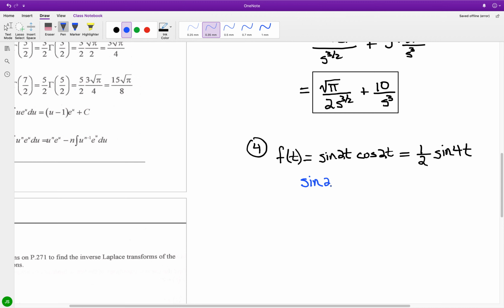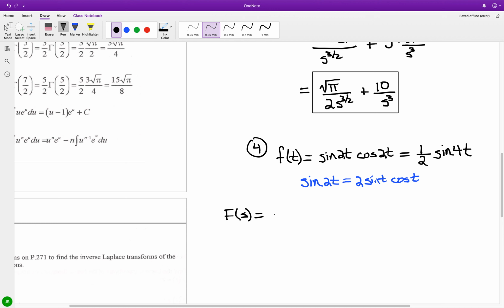Remember, sine of 2t is equal to 2 times sine of t cosine of t. So half the sine of 2t is equal to sine of t cosine of t, but projecting 2t out to 4t and then t out to 2t, this is what we have in the relation.